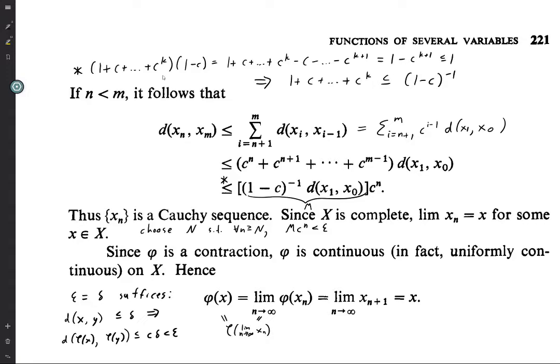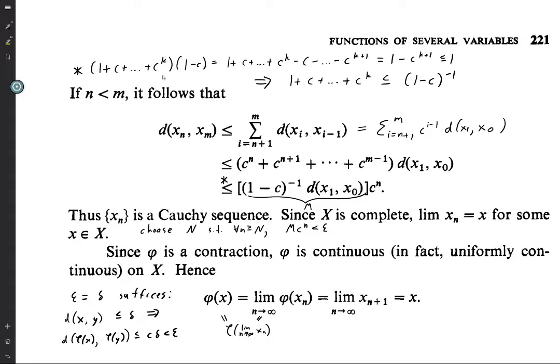For any x and y in our space X, if the distance between x and y is less than or equal to delta, then the distance between phi of x and phi of y is less than or equal to c times delta. And c is less than 1, and delta is equal to epsilon, so c times delta is strictly less than epsilon. And so there we go. That proves that phi is uniformly continuous.